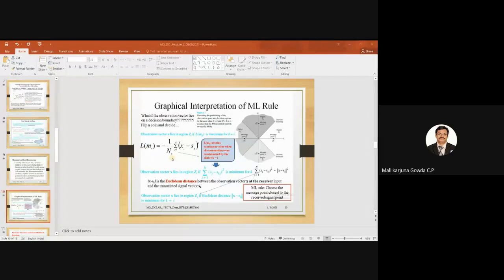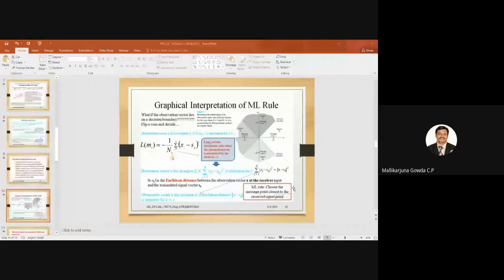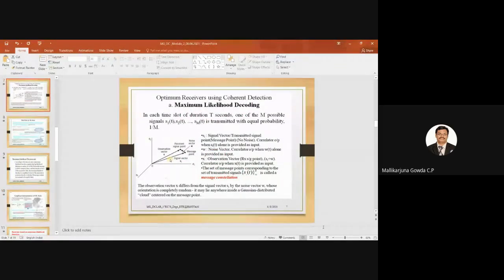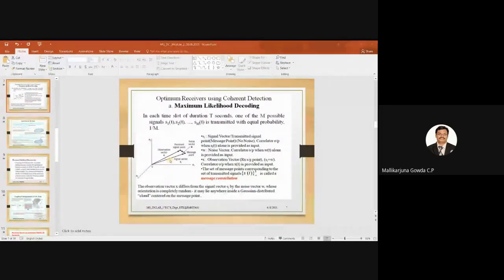I don't know to what extent people are able to get this point. This is the graphical interpretation of this maximum likelihood rule. With respect to this diagram, I said this is the message point and this is the received signal point.